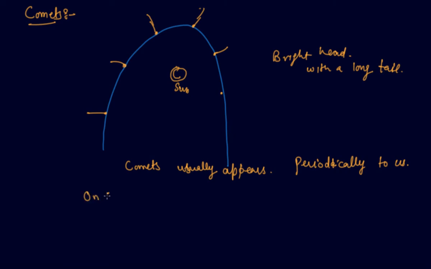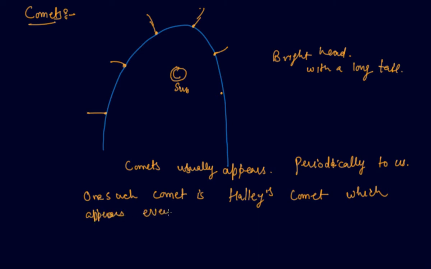One such comet is Halley's comet, which appears every 76 years. So comets are also part of the solar system which appear after a periodic interval. Okay, and one such example is Halley's comet. This is Halley's comet which appears after 76 years, students.